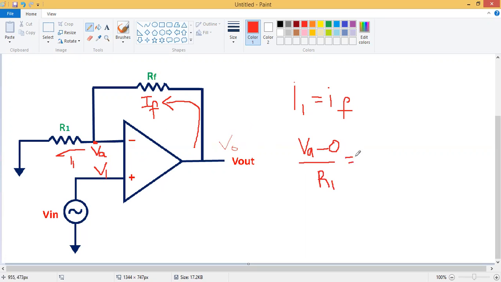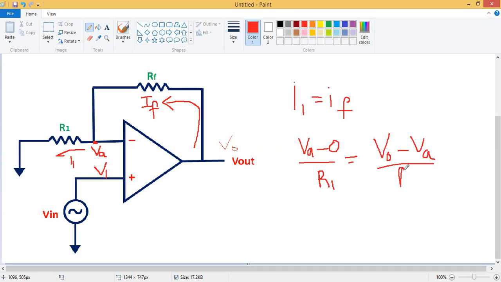Now if you write the equation for IF, IF is equal to V naught minus VA by the resistance, which is RF.